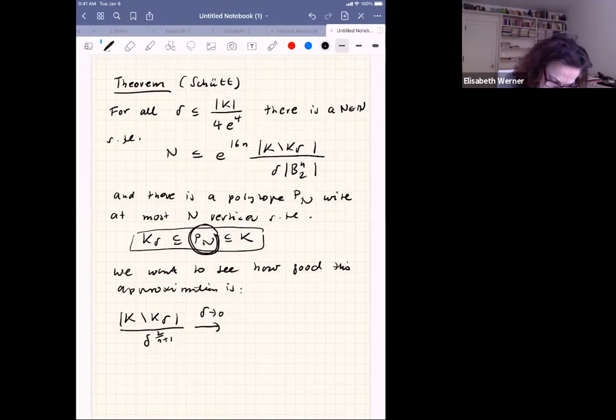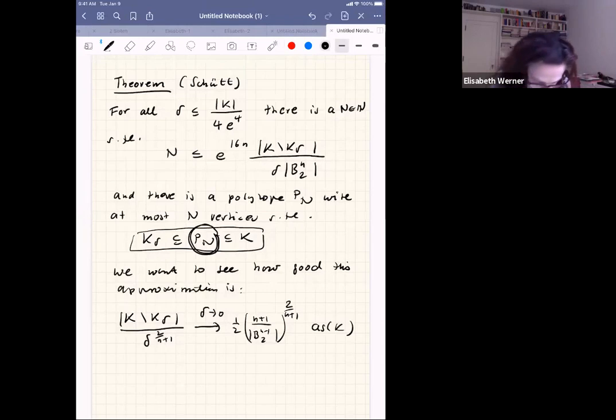It's n plus 1 on the top. Sometimes I put the constant on the other side, and then I never know what's on the top and what's on the bottom. So it's 2 to the n plus 1. And then we'll have here the affine surface area of K. So we want to see how good the approximation is.